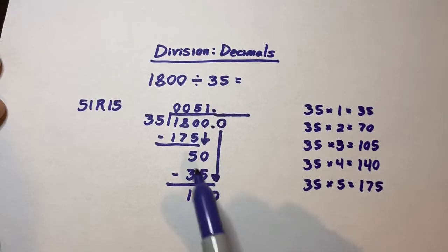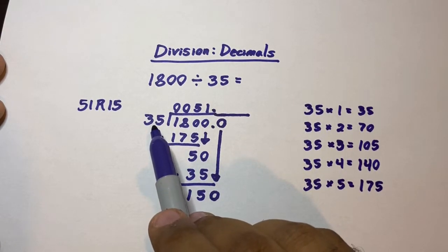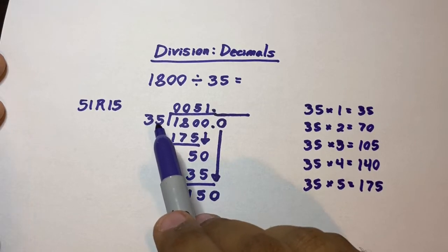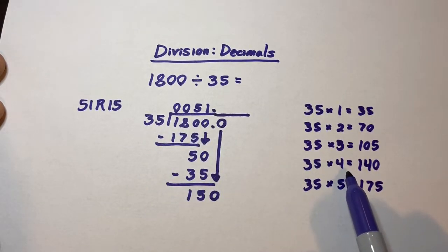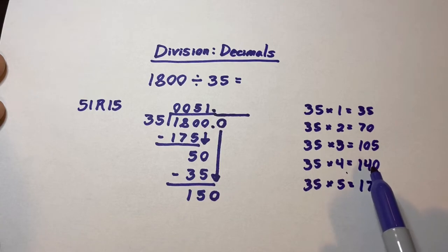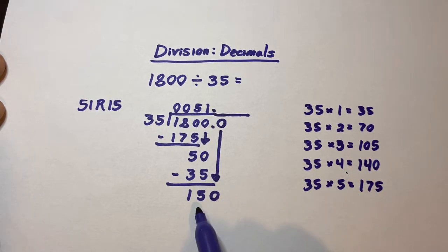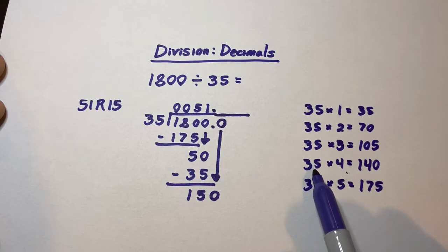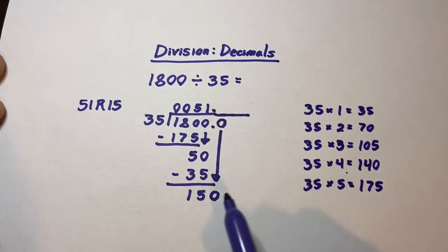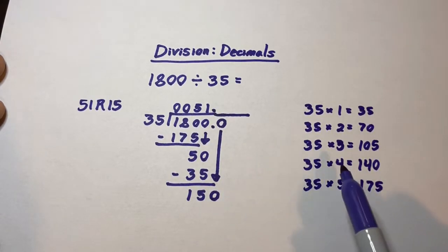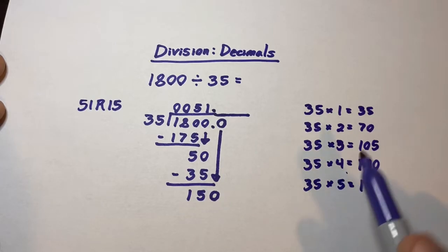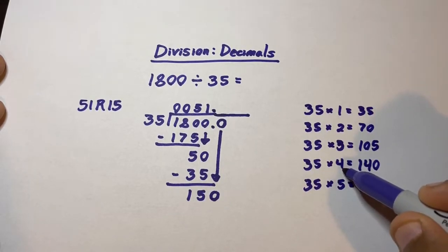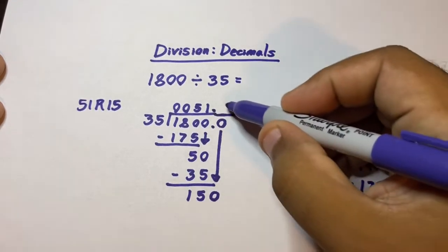So, we know that this number 35 times 4 equals 140. Can 140 fit inside 150? The answer is yes. Yes, it can. So we know that 35 can go inside 150 at least 4 times. So this 4 is gonna go over here.